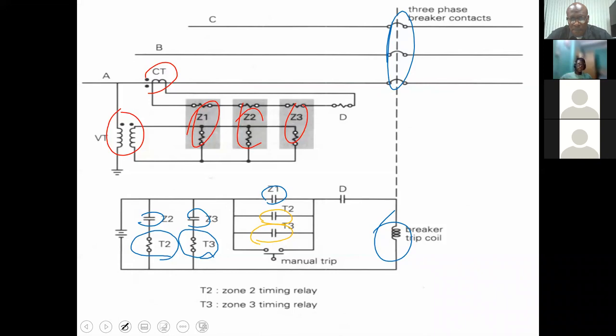And you see its coil is up here. This is a way of ensuring that the communication system, etc., is in working order.